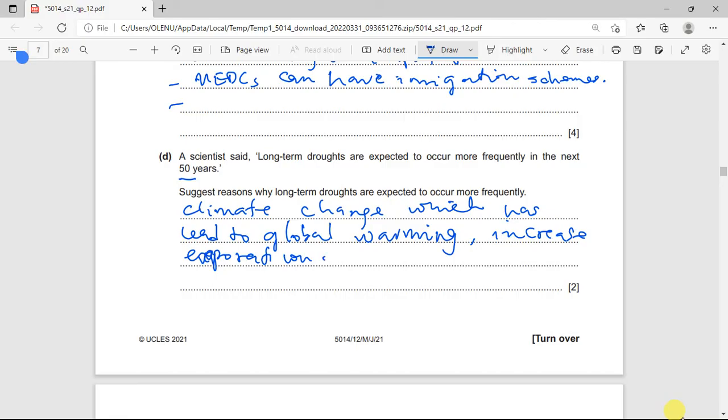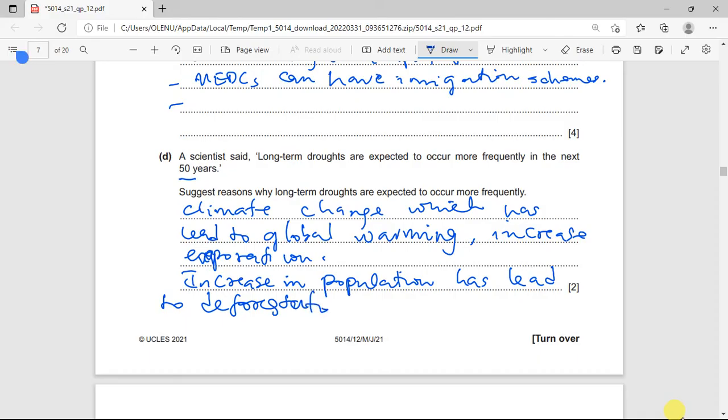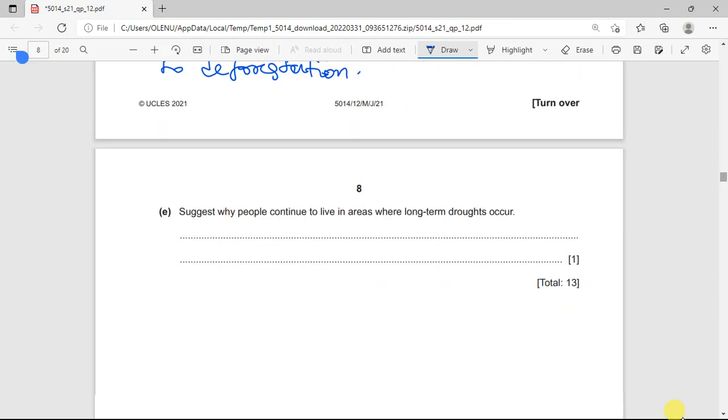Also, increase in population has led to deforestation, and once there is no vegetation, there is more likelihood of drought.